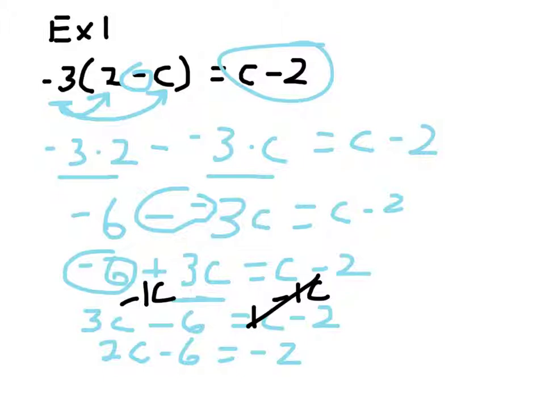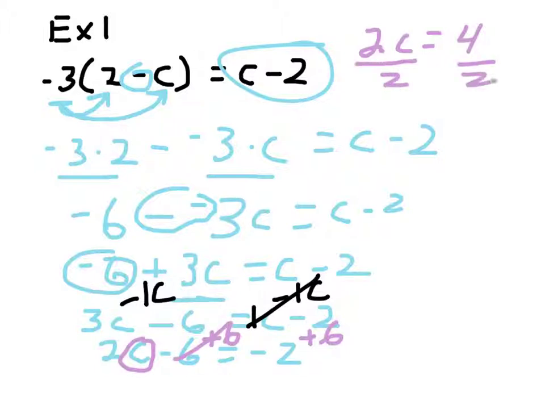Now let's isolate, or solve for c. They're subtracting 6, so add 6. I have 2c equals, a negative 2 plus 6 is 4. Now they're multiplying by 2, so divide by 2. c equals 2. So the solution is c equals 2.